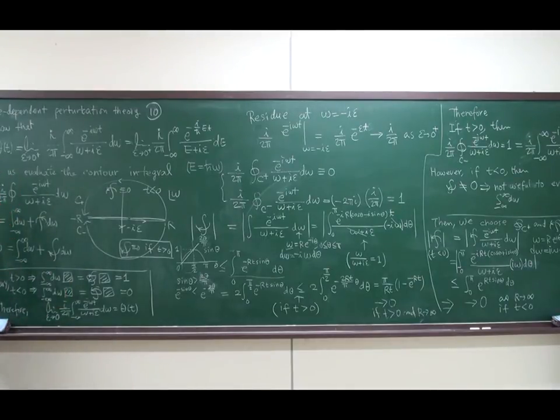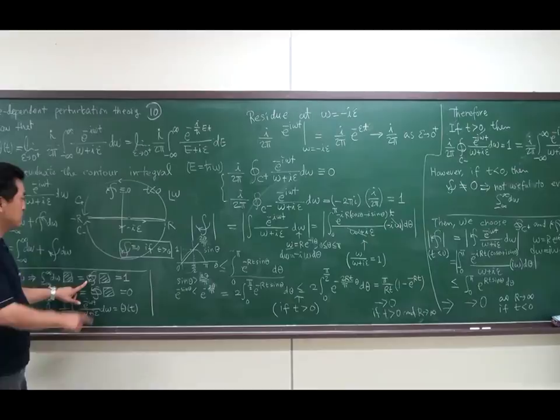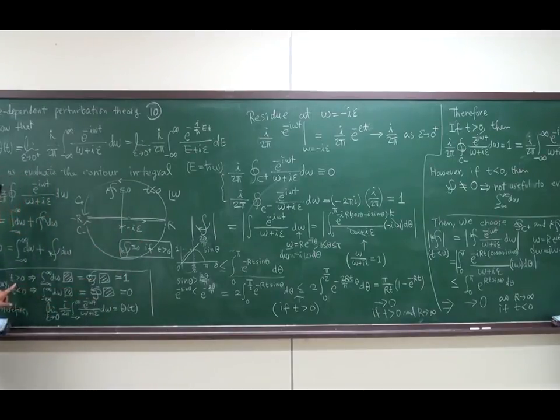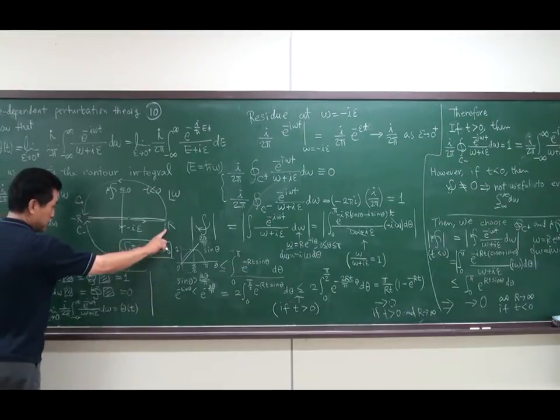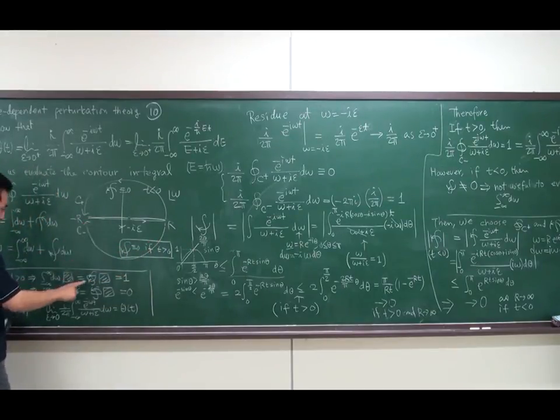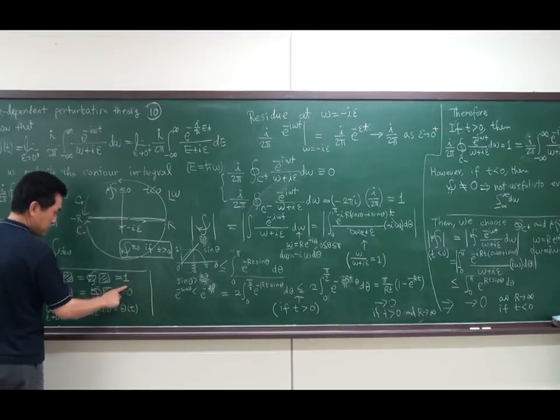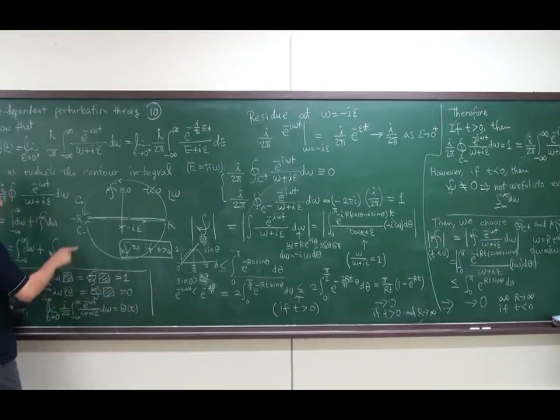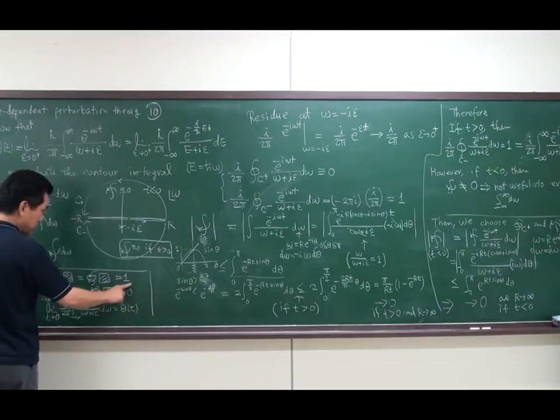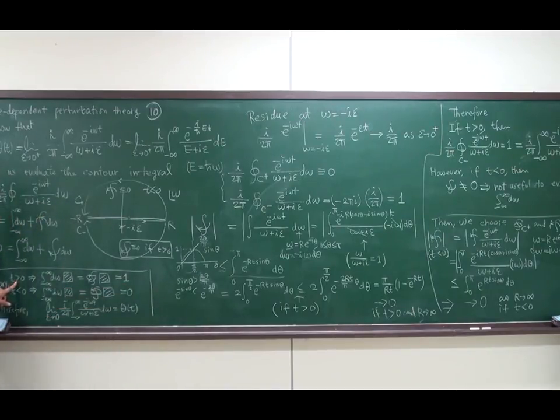So in summary, if t is positive, that integral along the real axis can be interpreted as the integral along the lower half plane. In that case, the semicircle integral vanishes, and this contour integral, which is 1, is the same as the integral along the real axis. Therefore, this value is 1 when t is positive.